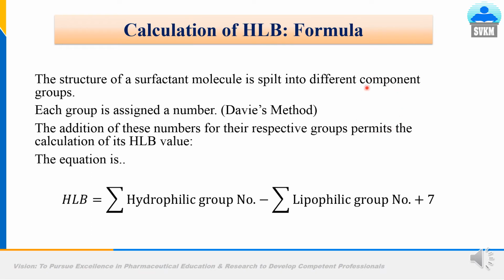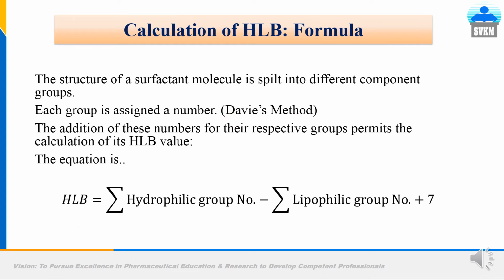The hydrophilic group numbers and lipophilic group numbers are there. The addition of these numbers for the respective groups permits the calculation of this HLB value, right? After splitting, we assign the numbers to them, and these numbers we add into this particular formula so that we get the HLB value of the given surfactant molecule. And this method we call the Davies method, right?